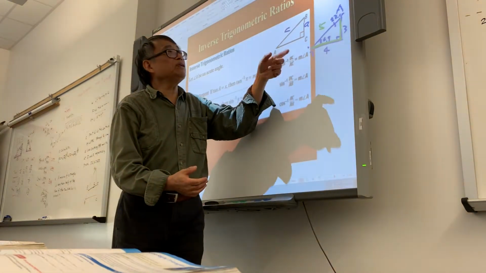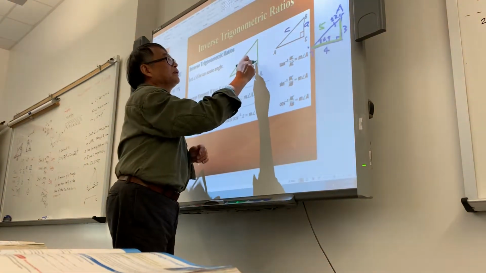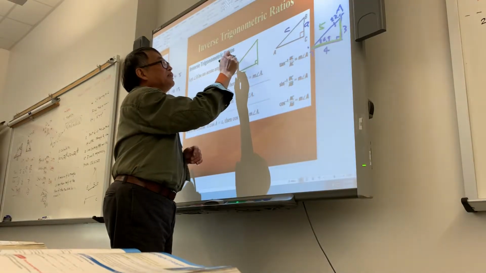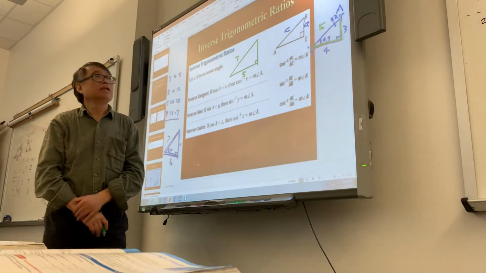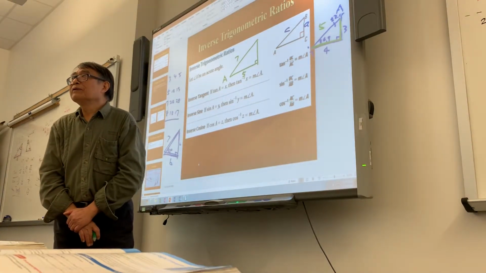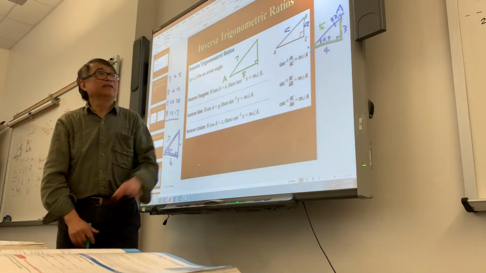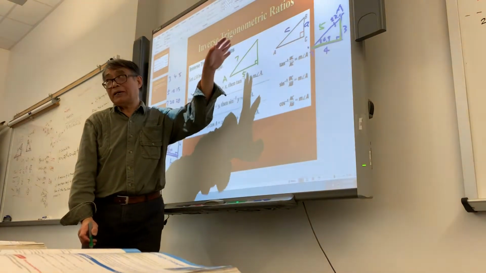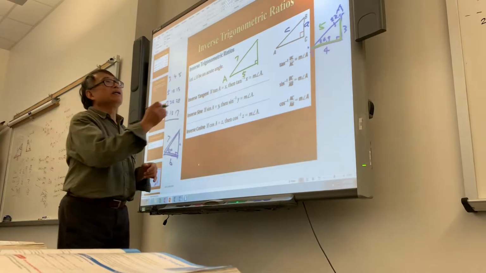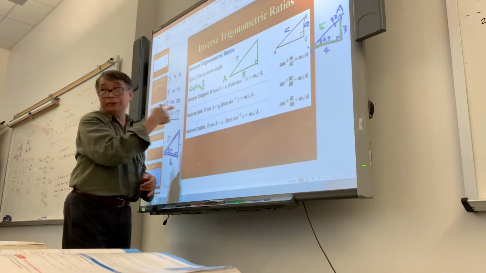If the question gives you one side, for instance, this side is 5, this side is 7, we want to find this angle. How to choose? Choose which function? This angle is made by adjacent and hypotenuse, cosine. So cosine A equals 5 over 7.